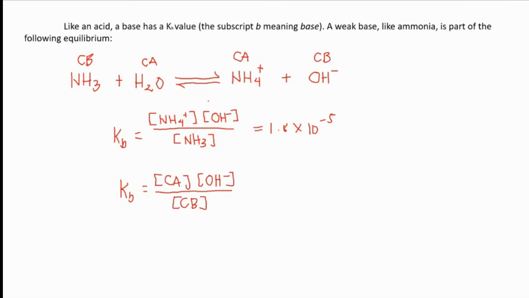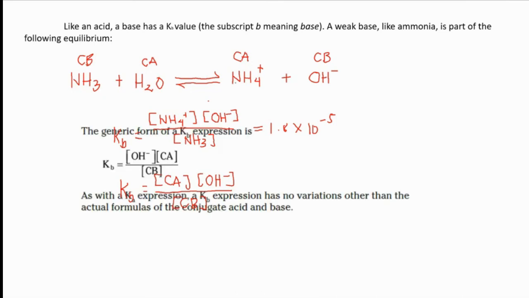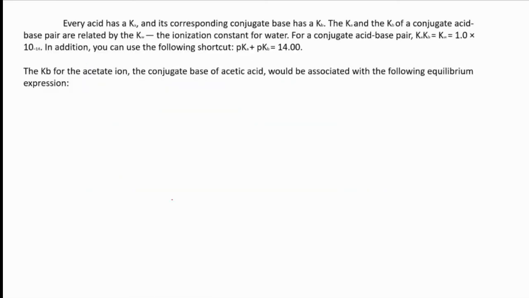When the base is the reactant, this is the formula of Kb. Just like Ka, Kb has no variation. That is really how the reaction of Kb goes, other than the actual formulas of the conjugate acids and bases.